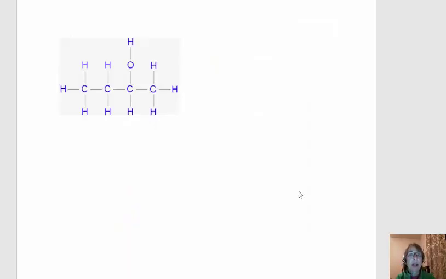So let's take a minute and take a look at this chemical right here. 1, 2, 3, 4, 2-butanol, and identify which carbons are chiral and which carbons are achiral.